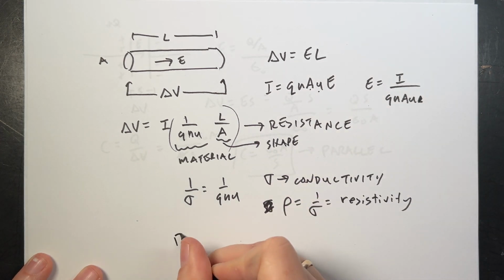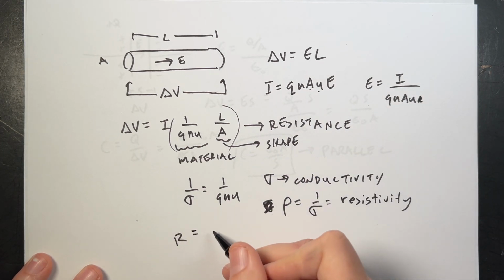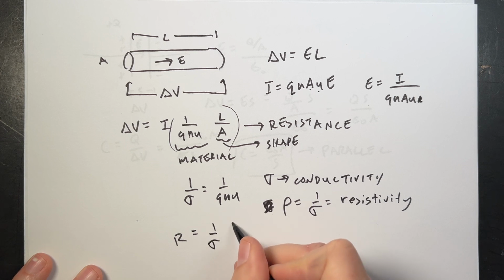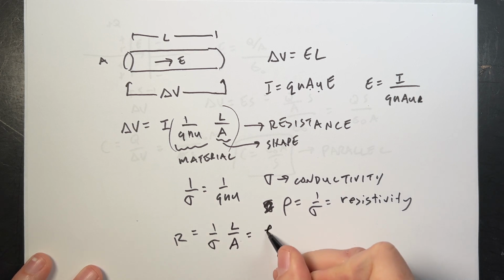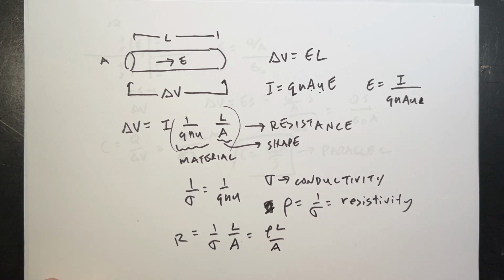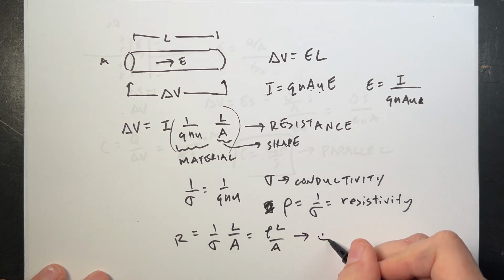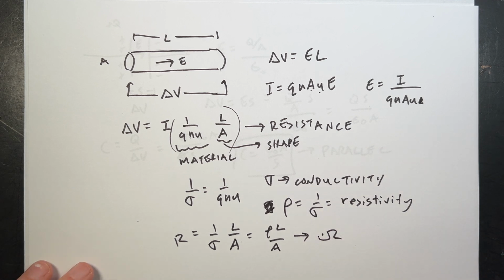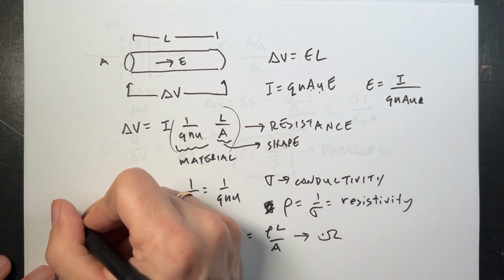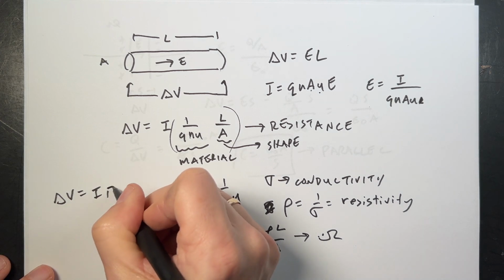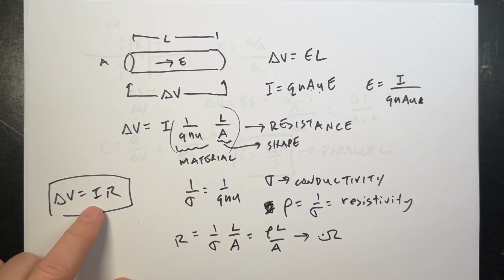So you can write the resistance R as equal to 1 over sigma L over A, or rho L over A. It's one way to describe the relationship between the change in potential and the current using this property called resistance, and we measure this in units of ohms. And then that's the conductivity, or you could write this in terms of resistivity. And that's resistance. So now we have delta V equals IR, and that's what people often call Ohm's law.